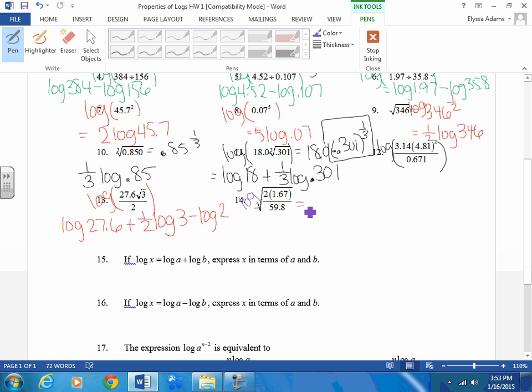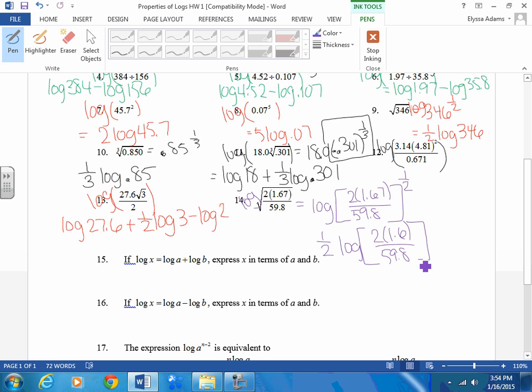If we write this baby step, it's the log of all of that stuff, 2 times 1.67 all over 59.8, all of that to the 1/2 power. So I'm going to pop that 1/2 out front, and then I still have all of this stuff going on on the inside.